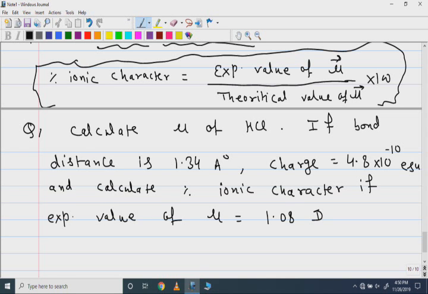Guys, please mark your attendance once. Itanagar and Shillong, please mark your attendance.